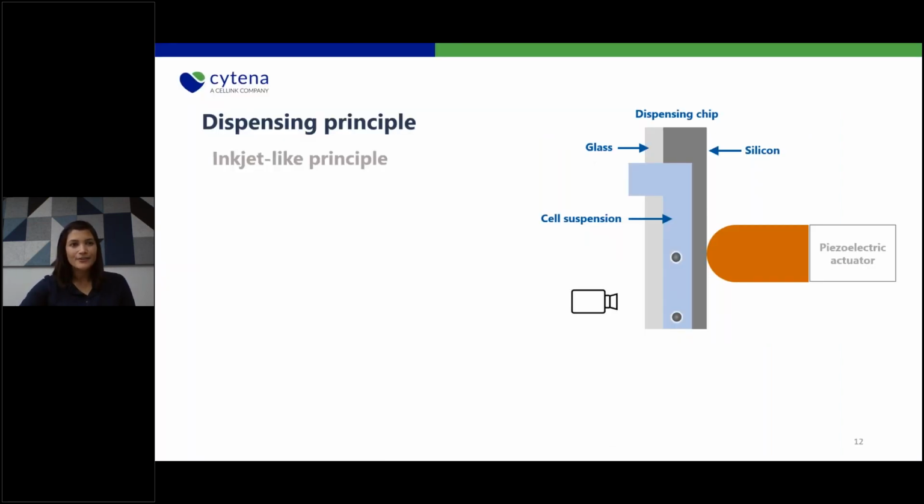Now I want to show you how the dispensing principle works. The C.SIGHT actually is quite comparable to an inkjet printer. So you have the cartridge, the dispensing chip here, and instead of an ink, it is filled with your cell suspension.